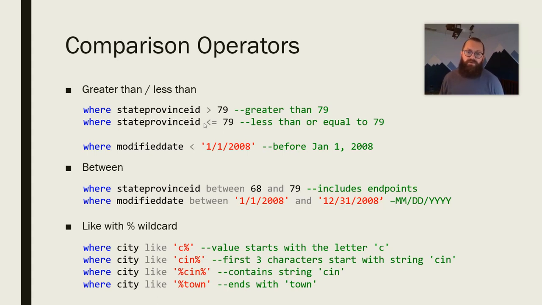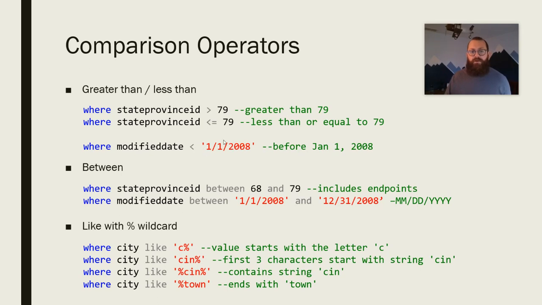If you haven't seen this before, this is pretty standard: for a less than or equal sign, or greater than or equal sign, you put the equal sign after the greater than or less than sign. That's pretty standard in programming languages, but in case you haven't seen that before. You can also do comparisons with dates. So where the value for the field modified date is before, or less than, January 1st, 2008, it takes this form.